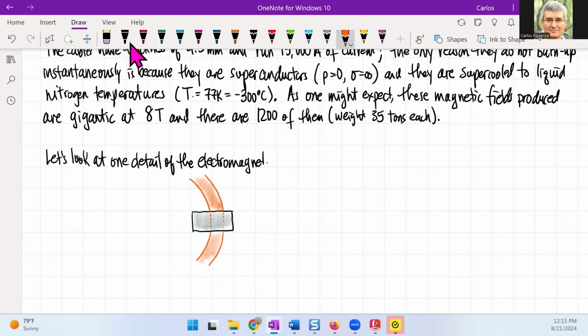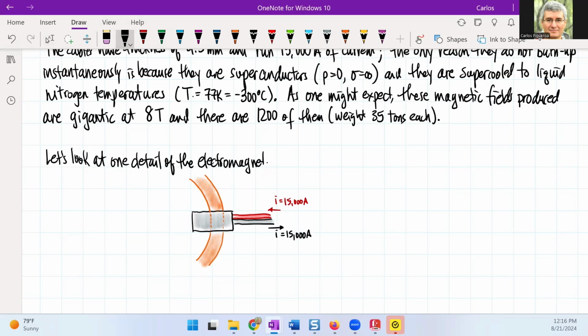And to run one of these magnets, we have currents that we got to pay attention to. If I look at the currents, they're huge, right? The current coming in is 15,000 amps. Guess what? The current coming out must also be 15,000 amps, that's a lot of current.